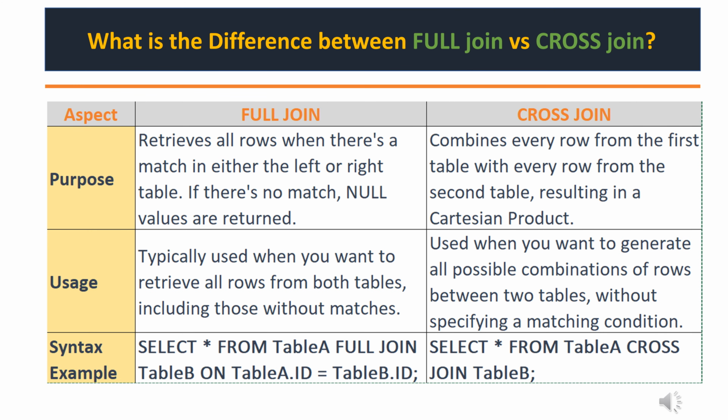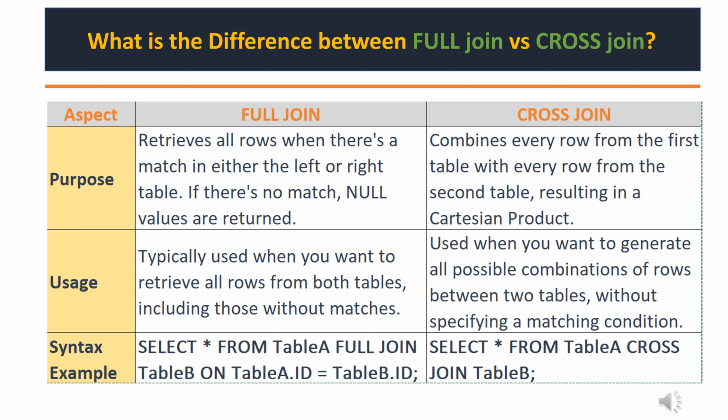Now till this point we have covered what is cross join, what is full join, and when to use a full join and when to use a cross join. But now you will think, what is the difference between full join and cross join? So the first main difference is that the purpose of both the joins is different.